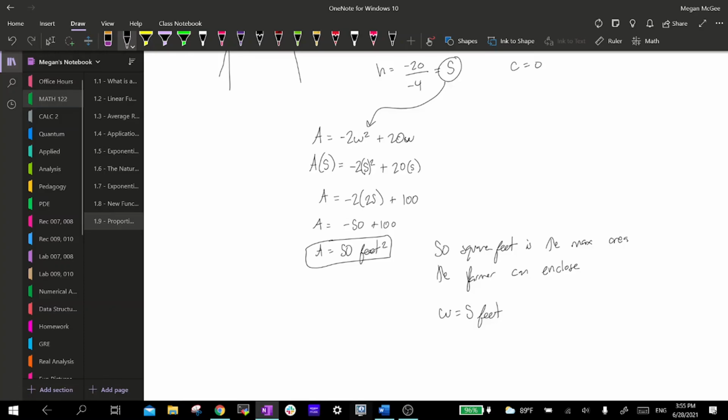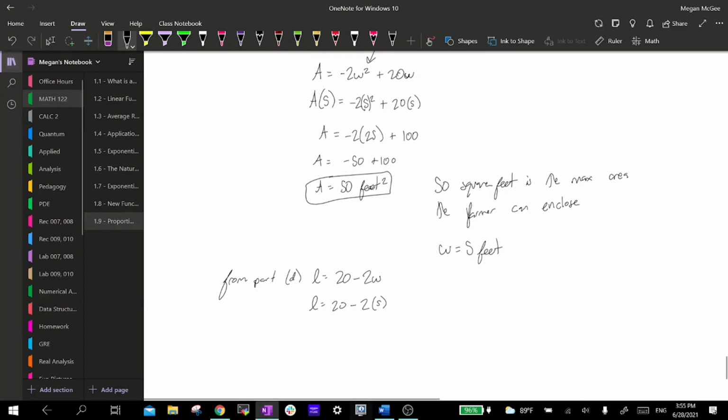Well, earlier, back in part D, we found that the length is equal to 20 minus 2 times w. So if w has to be 5, then L has to be 20 minus 2 times 5. Well, 2 times 5 is 10, so 20 minus 10, length must be 10 feet.